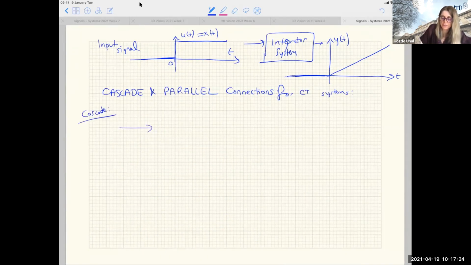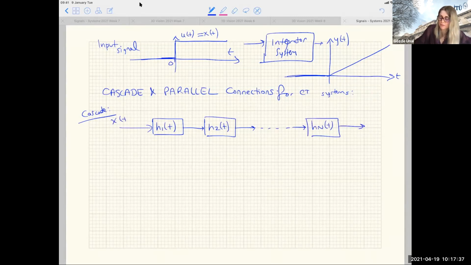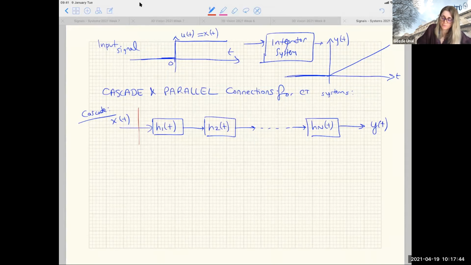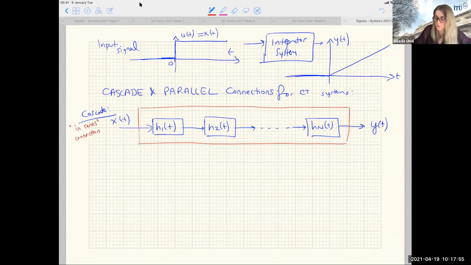Recall, this time it will be continuous time systems connected in series. For instance, n of these systems: x of t goes in, y of t goes out. What would you expect to be the overall impulse response here for the cascade, or in series connection?